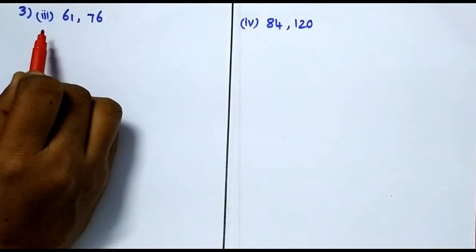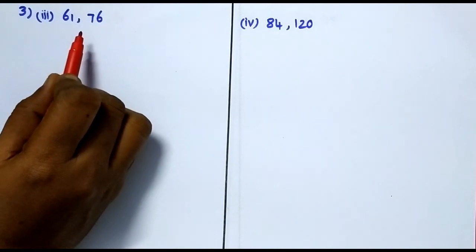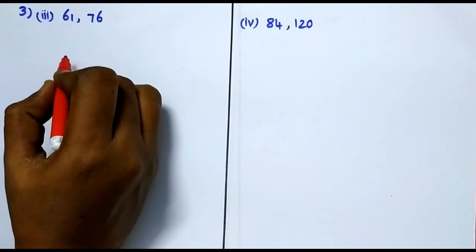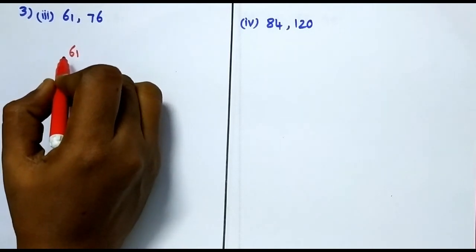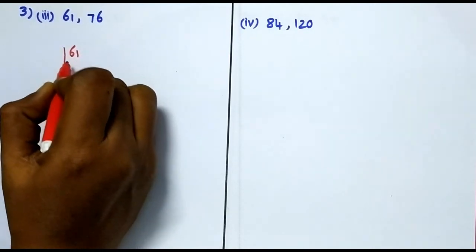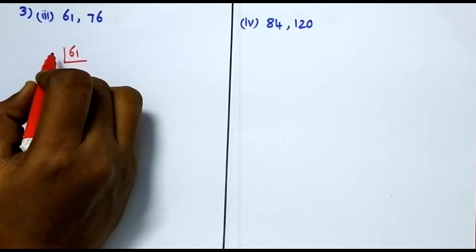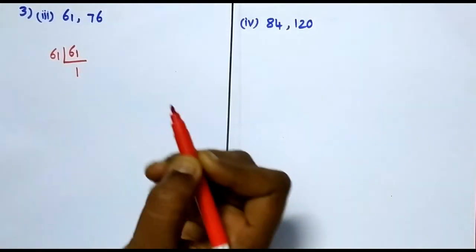Third sum, third subdivision, 61, 76. 61 is a prime number, so it is divisible by itself only, so one time.